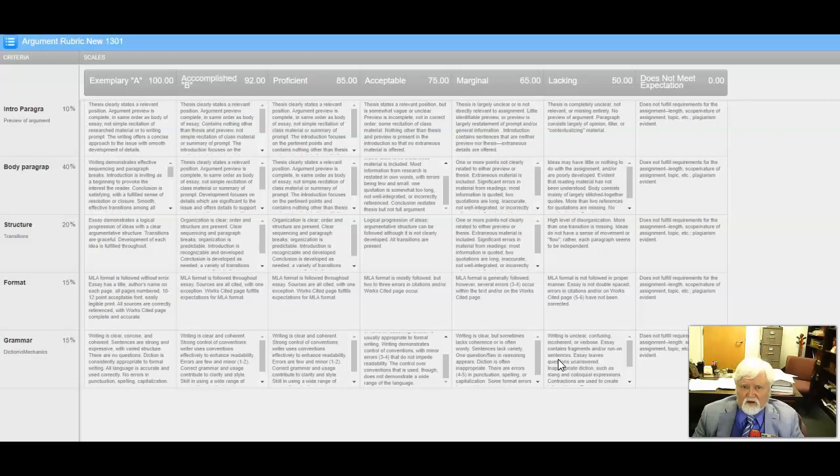If the contraction is in the quoted material, that's out of your control. You're just quoting that source. But for the rest of your essay, you're writing formally. Do not use contractions. Do not use slang expressions.